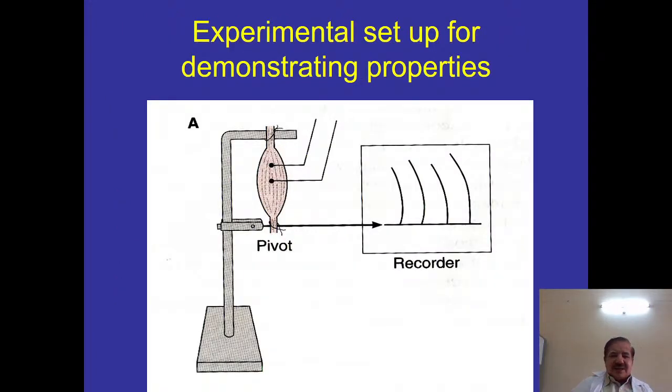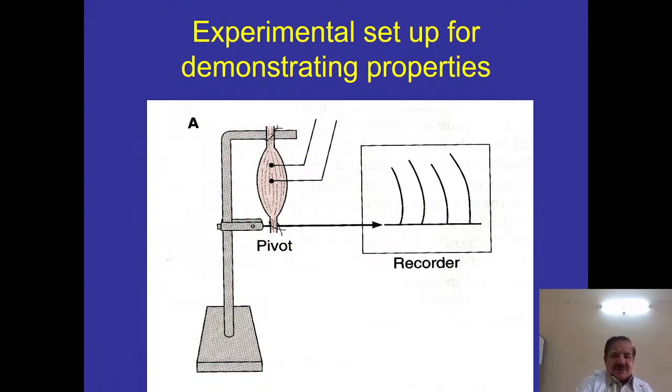So there is an experimental setup for demonstrating the properties of the muscle. You take a gastrocnemius muscle, a muscle in the leg. This gastrocnemius muscle is cut and put on the stand, and it is attached to electrodes, which are connected to the electrical apparatus.